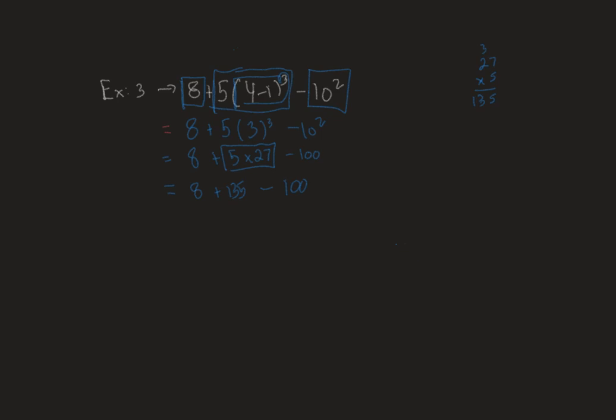Now you just straight up do your subtractions. So you've got 8 plus 135 minus 100. Personally, I'm just going to do the 135 minus 100 first to get 35. That makes things easier. And then you do 8 plus 35, which is going to get you 43.